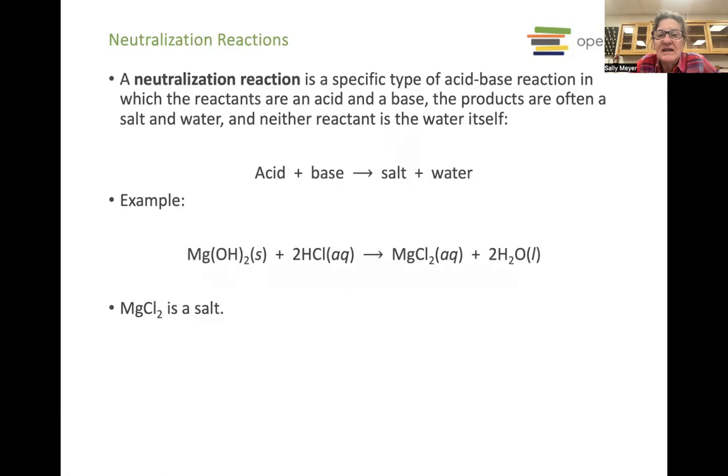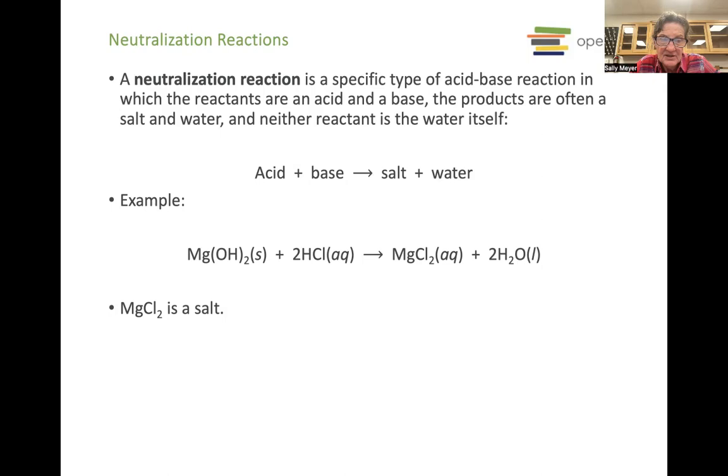So when we talk about an acid-base neutralization reaction, it's a specific type of acid-base reaction in which the reactants are acids and bases, and the products are often a salt and water, and neither reactant is the water itself.